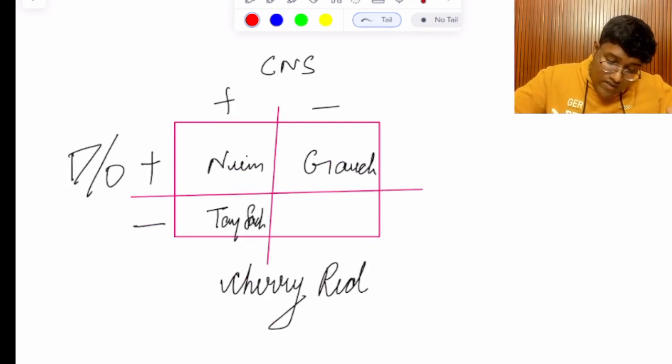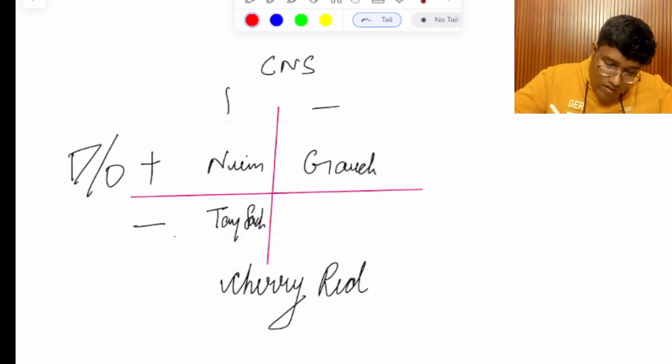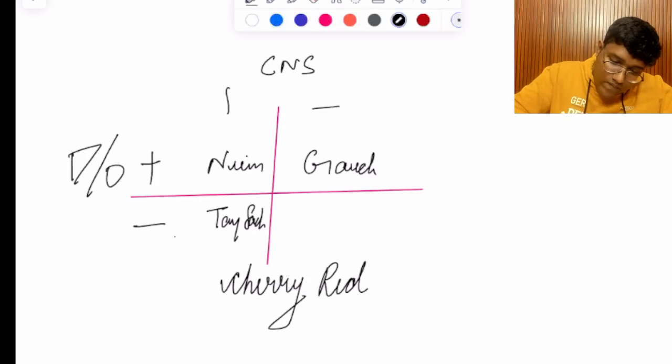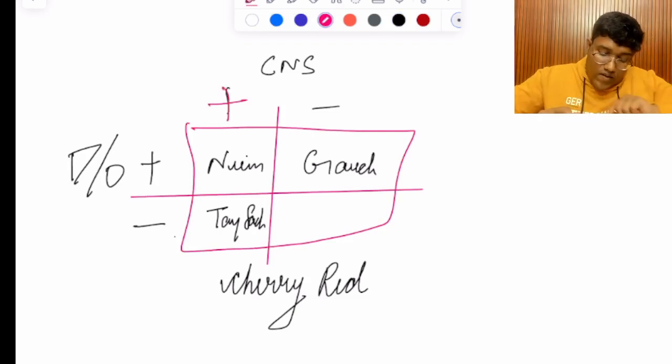So when we talk about Tay-Sachs and Niemann-Pick, these guys will have CNS symptoms. But how to differentiate between both of them?